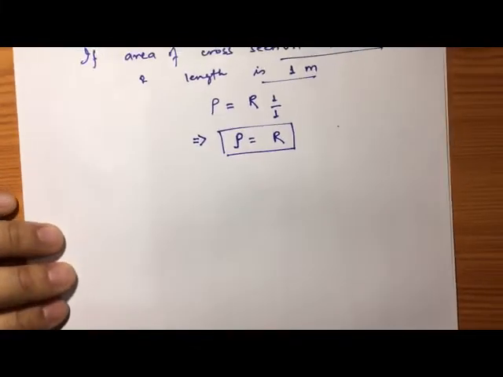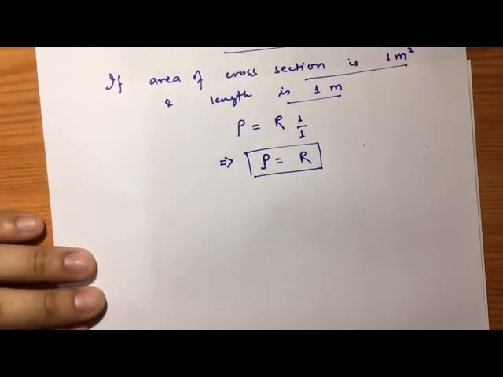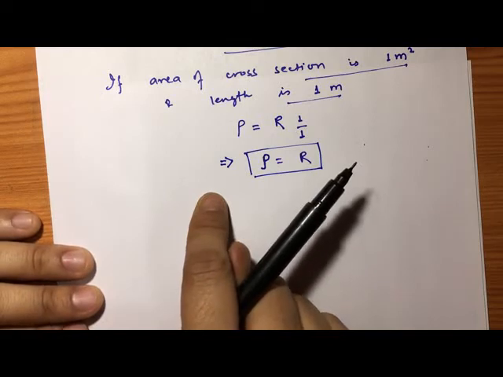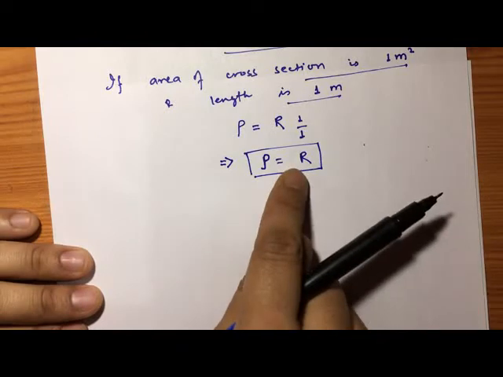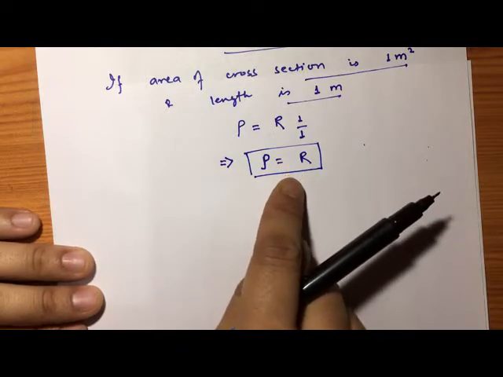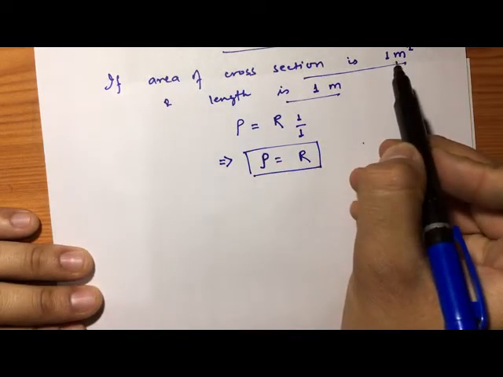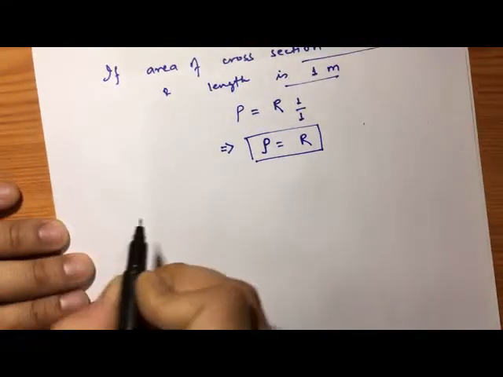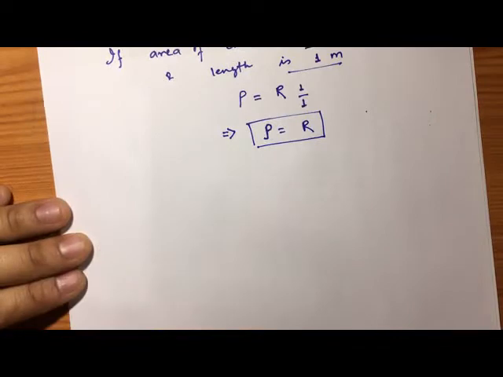And now I can say that resistivity of a material or a conductor is equal to its resistance if the conductor has unit cross sectional area and unit length, okay? So this is going to be another definition.